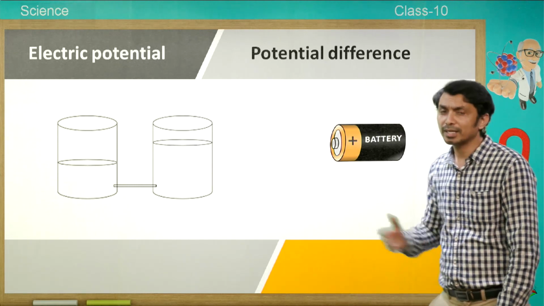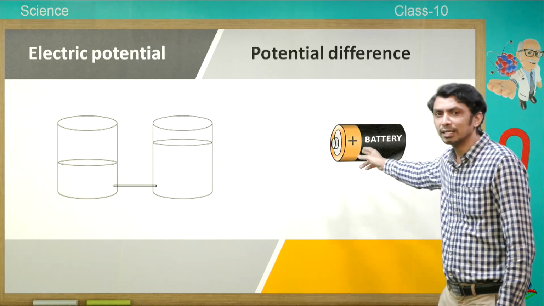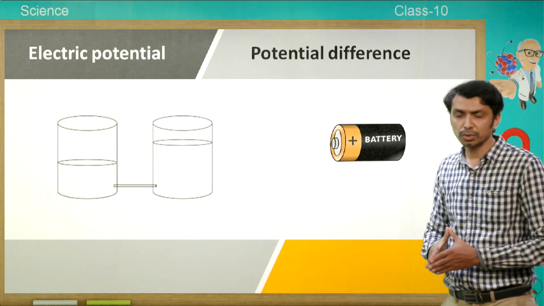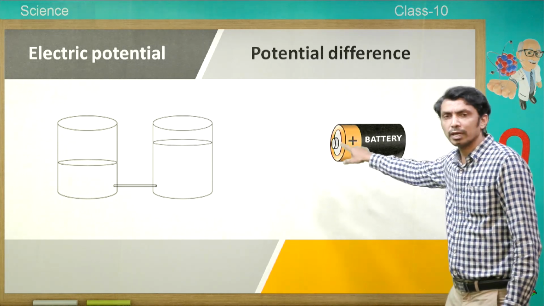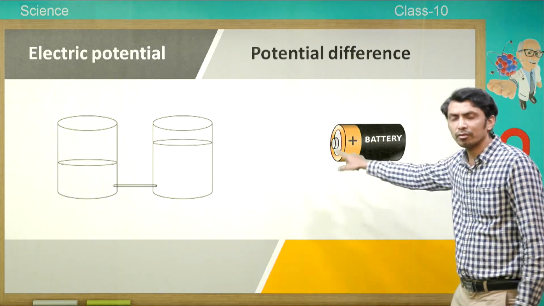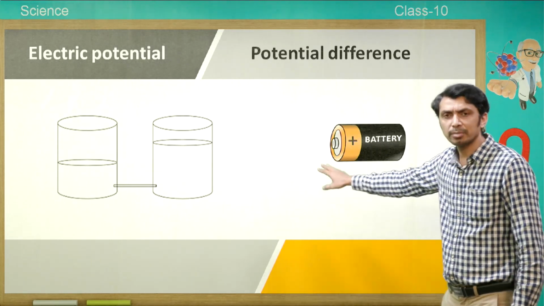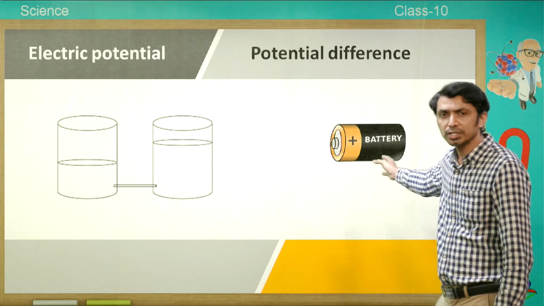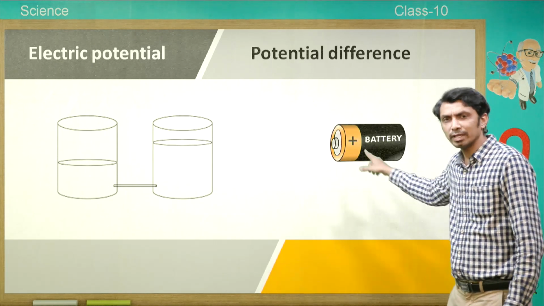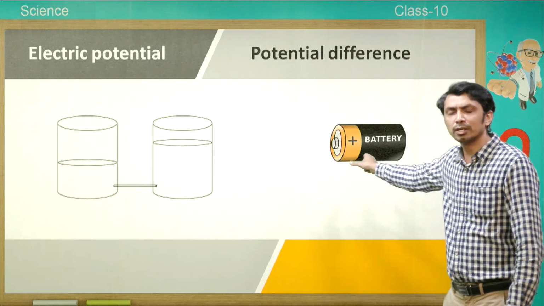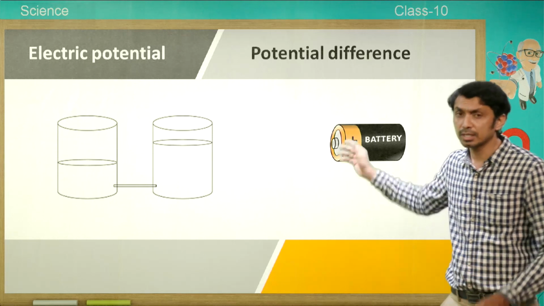In the same way, the movement of charges happens in an electric circuit, because a battery has a difference of charges at its endpoints. One is high pressure, another one is low pressure. So it creates this sort of difference of electrical charges by making use of these batteries or cells.